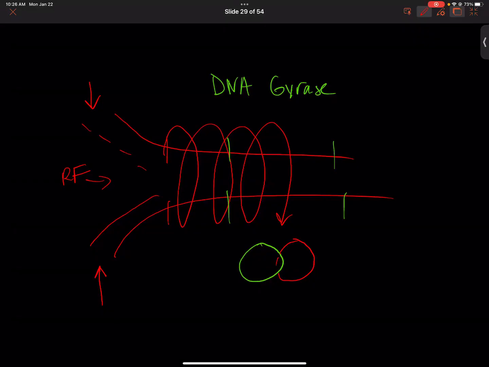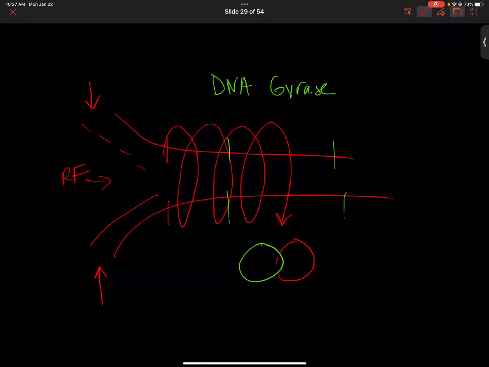And these links need to come apart so that when binary fission occurs, you have a chromosome here and a chromosome there in the respective bacteria. But how does that happen? What enzymes do bacteria have to cut, separate, and then reseal such that that chromosome can then find its home?